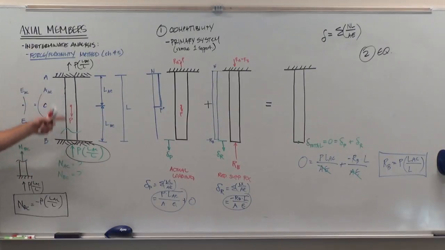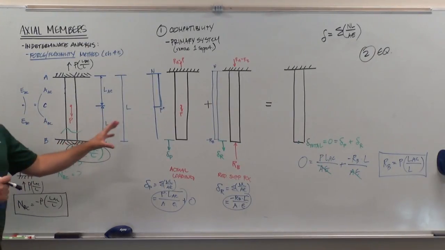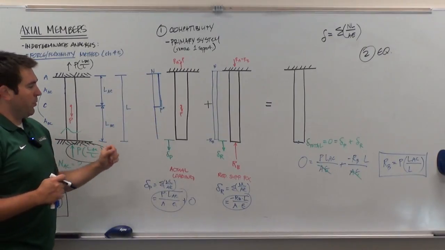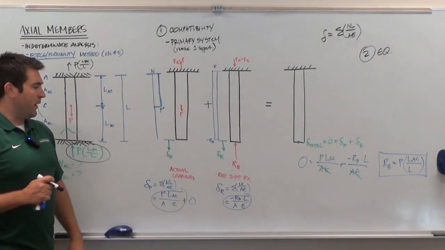I'd sum the forces vertically to find what that support reaction is at point A at the top. So this approach, some people find it more intuitive, some people aren't as comfortable with it. I want you to be comfortable using both. You might be instructed to use one or the other on the exam or on the homework. But this way, all that we're doing is we're taking away a support and we're figuring out how much it would deflect if that support wasn't there.